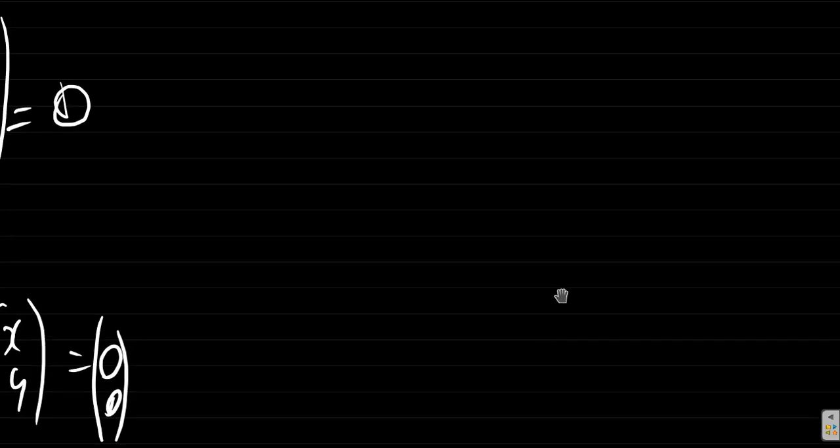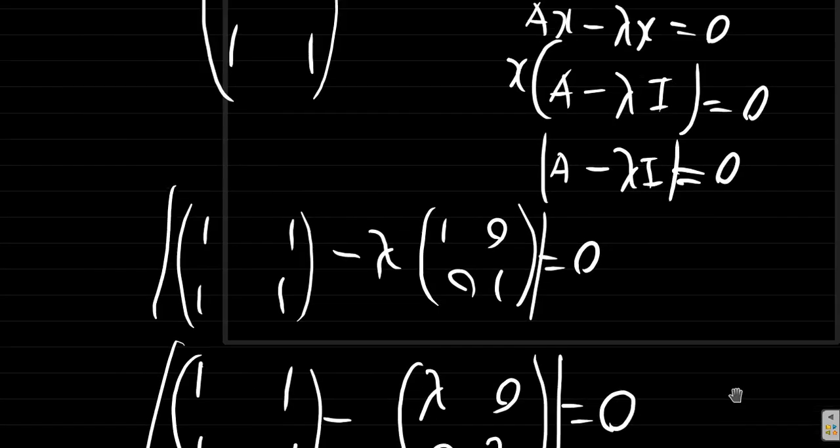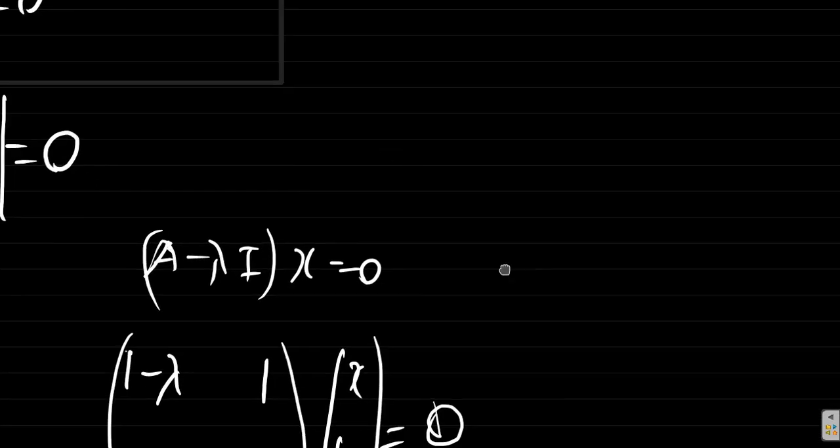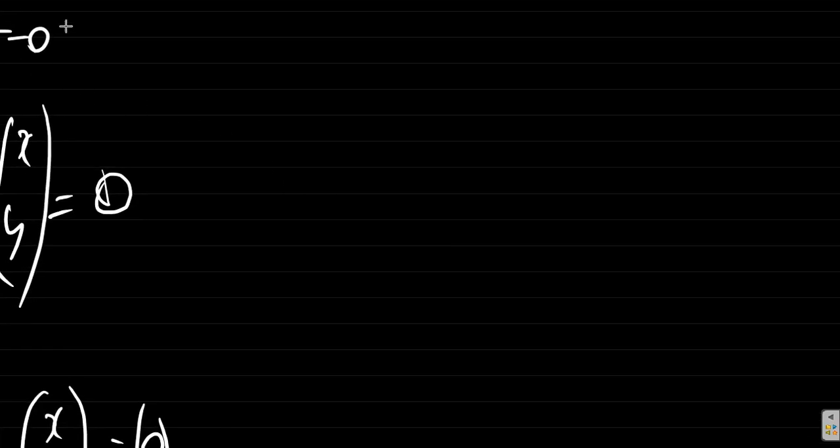Let's see something here. Our original matrix A is 1, 1, 1, 1.